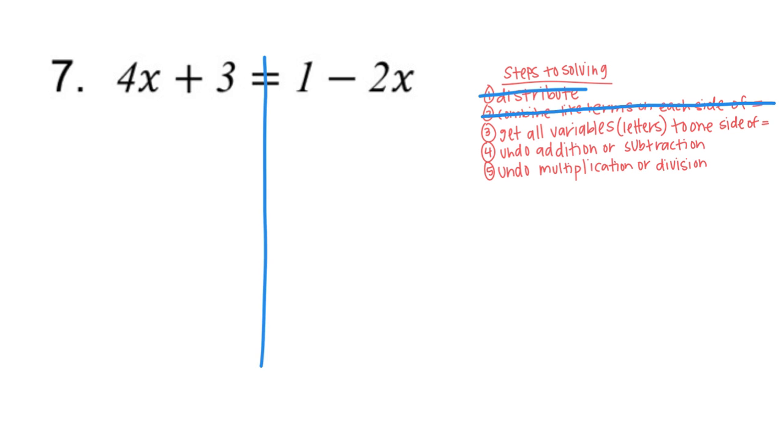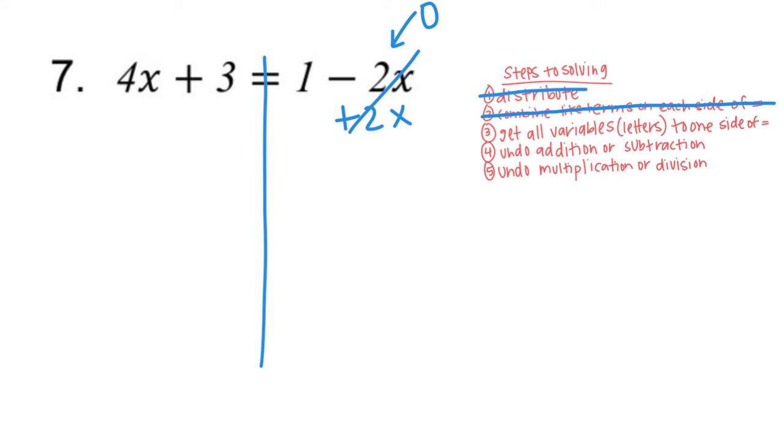Step 3 says get variables to one side. So let's get all those letters to one side. I don't like this minus 2x over here. I want that to be 0. So to get rid of it, it's a negative 2x. If I add 2x, negative 2 plus 2, that would become 0. Perfect. And if I do it to one side, I have to do it to the other side.